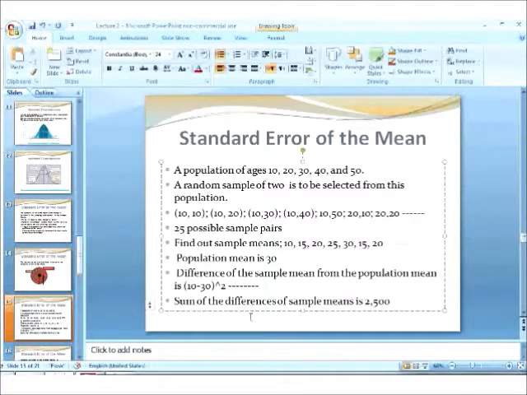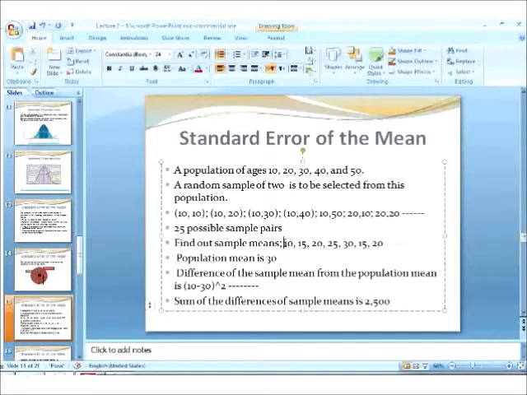Think of these 25 means as a sample, and then we compute the standard deviation of these 25 means. There will be just one standard error, and that standard error is the standard deviation of these 25 means. Okay? Good.